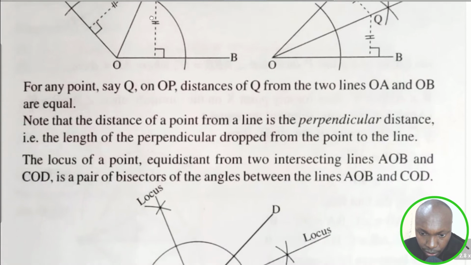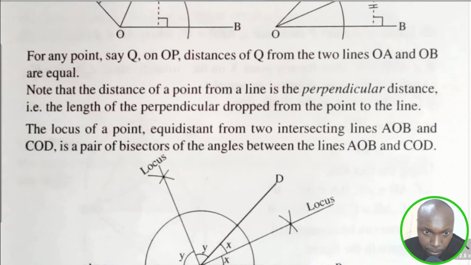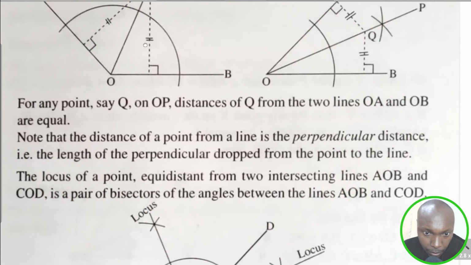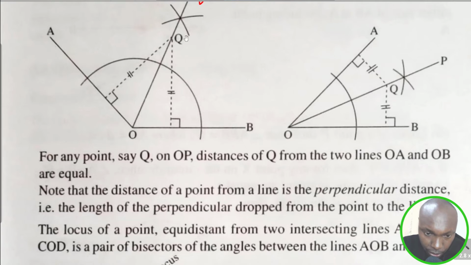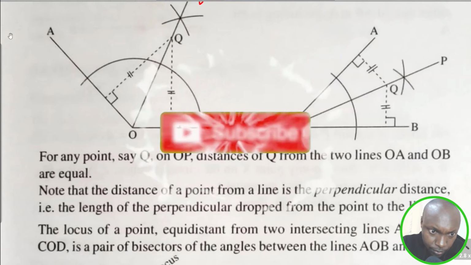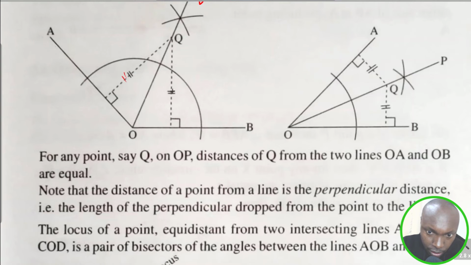Before we do that, there's something here that is very important, that for any point, say Q on OP, the distances of Q from the two lines OA and OB are equal. So those distances, as you can see, if you just put any point here, any point Q, you notice that these distances are equal. So that is also a very important point.